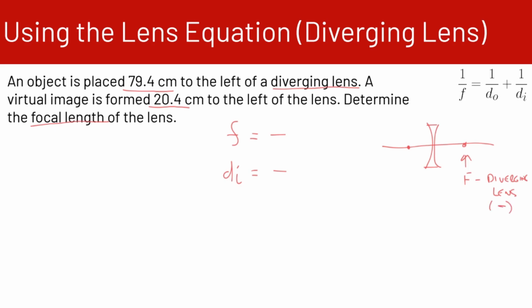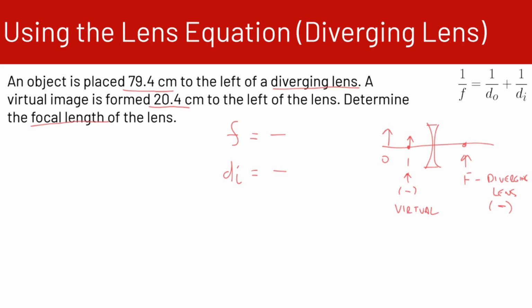And the image, so let's say our object is here, and our image is going to be here, this is the image, and it is also negative, and it's a virtual image. Okay, so with that information in mind, let's figure out our solution here.